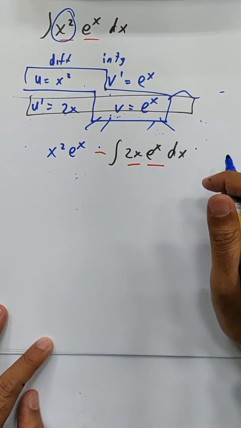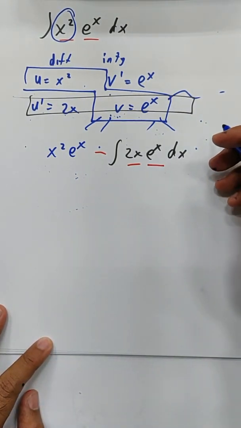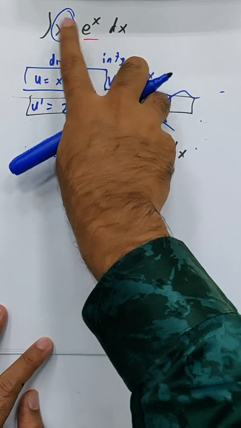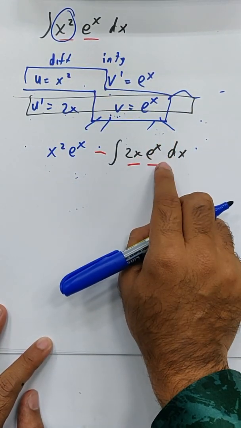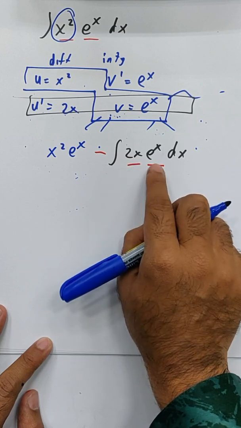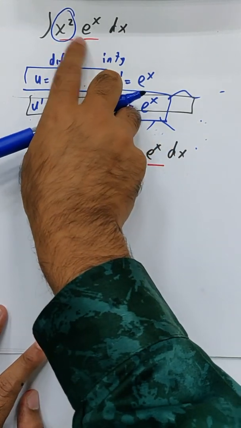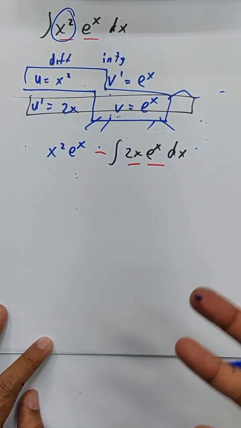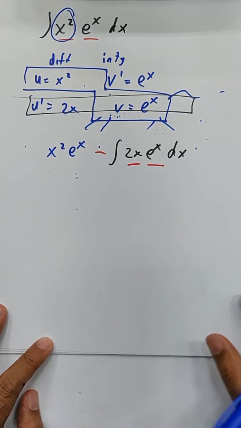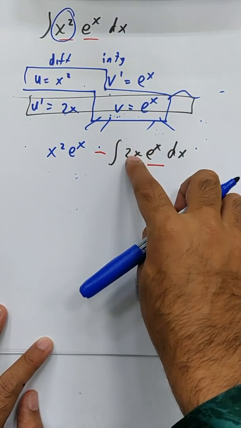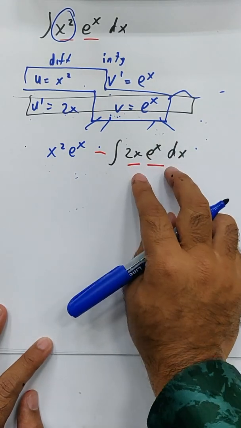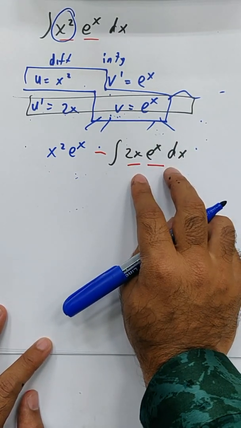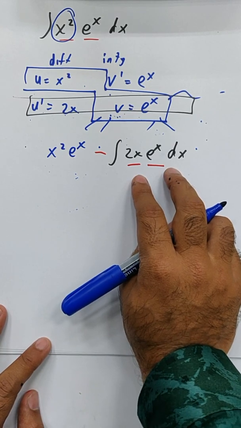Differentiate which one? Okay, this one here, yes, you are right. It's the two different types, so it's a signal for you to use by parts. And you can see if I differentiate the power of x, I get one which is different. So yes, this is what we call double by parts. Trust me, it's not the worst yet.